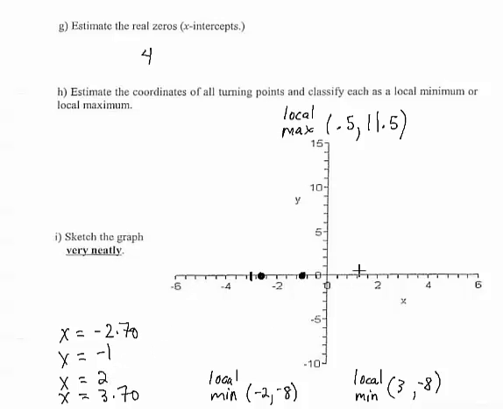We have x equals 2 exactly. And then our last x-intercept is almost 4. It's 3.7. So I'll plot a point just immediately to the left of x equals 4. Then we'll plot our local minimums. We have -2 and 8.